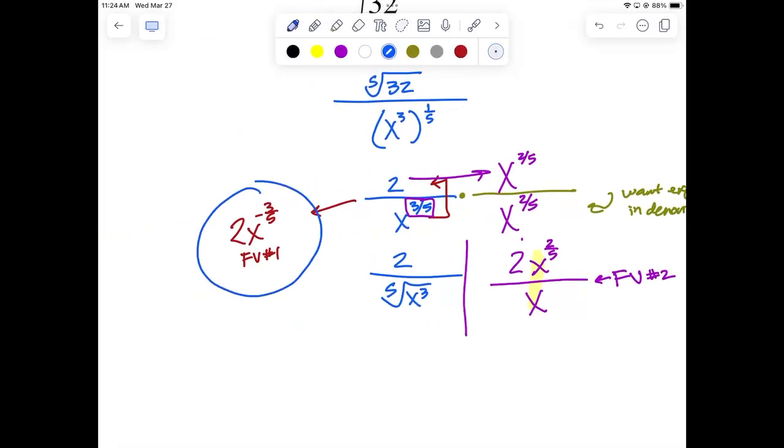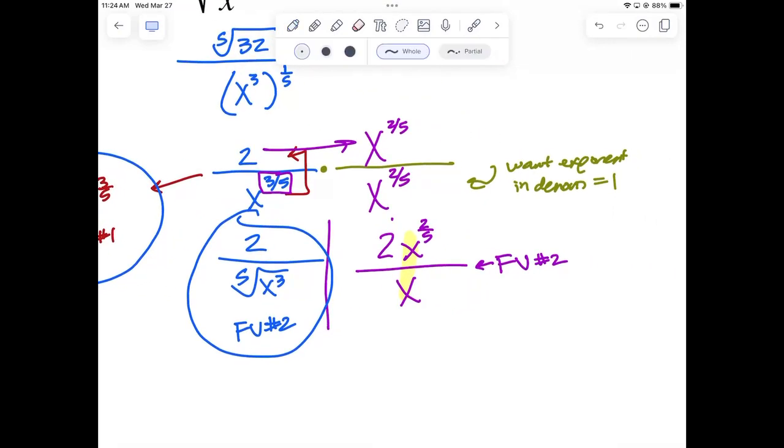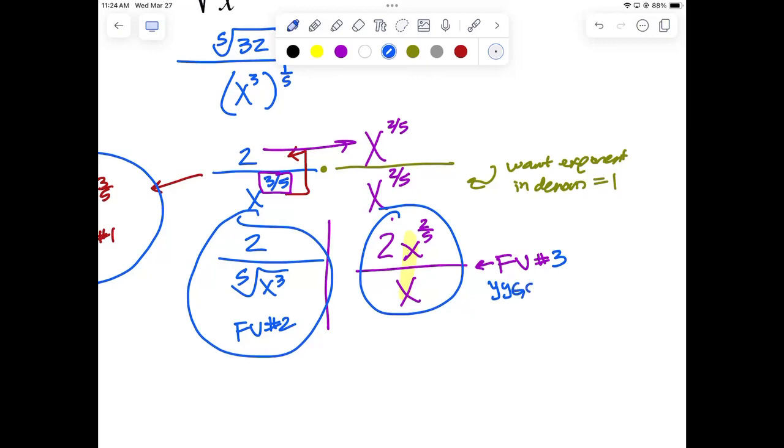We want this version really, or this version here, final version number 2. This also works. I like this. But this could be final version number 3. I just don't like that version. This one's kind of yucky, gross to me. But that's how you get rid of the radical. You rationalize the denominator by getting rid of the rational exponent.